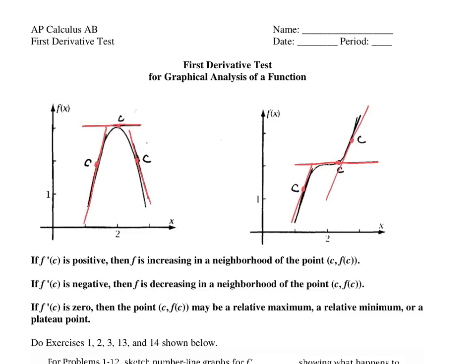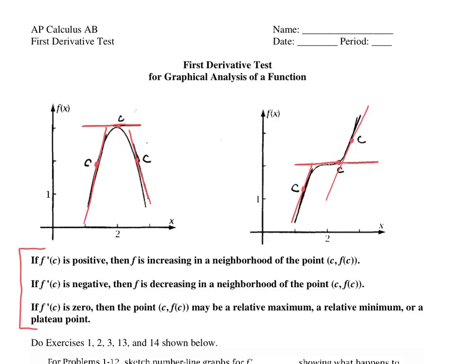But here is our first derivative test. There are three parts to this. If f prime of c is positive, then f is increasing in a neighborhood of the point c, f of c. When we say in a neighborhood of the point, we're saying that point is in an interval that is increasing.